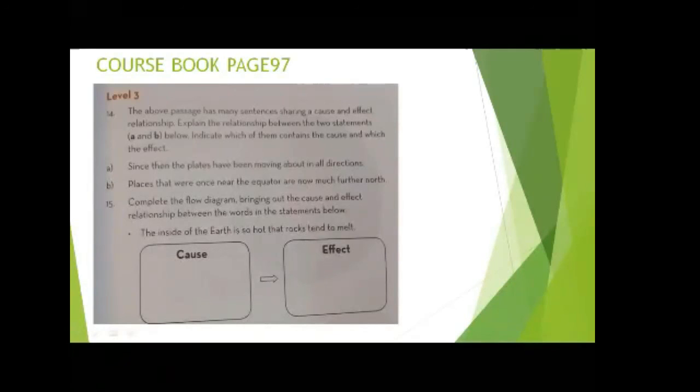Again we ask the question: the inside of the earth is so hot, so what happens? The rocks tend to melt. And why do the rocks tend to melt? Because the inside of the earth is hot. So you get the answer: the inside of the earth is so hot is the cause, and the rocks tend to melt is the effect.